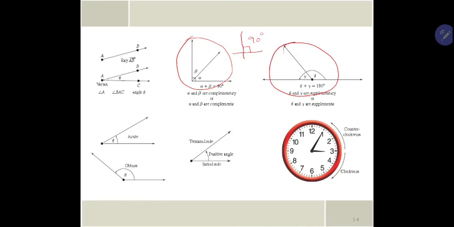So what I want you to remember is all the angles which are less than 90 degrees are called acute angles. You can see it here. And all the angles which are more than 90 degrees like such, they are called the obtuse angles. And the 90-degree angle is also called the right angle.